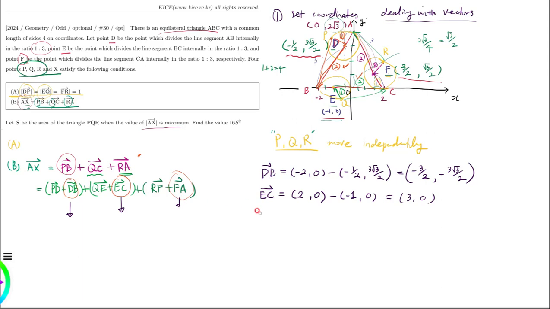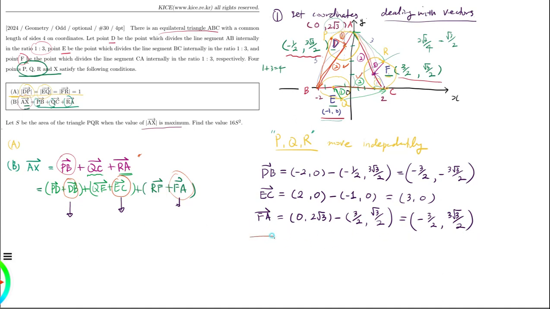And for the vector FA, it's the coordinate of A minus the coordinate of F, which is (-3/2, 3√3/2). Okay.